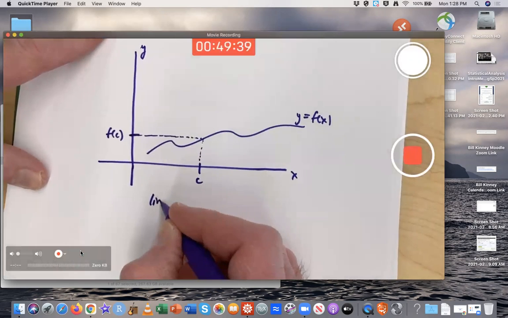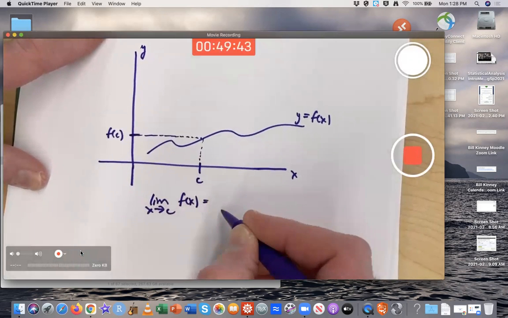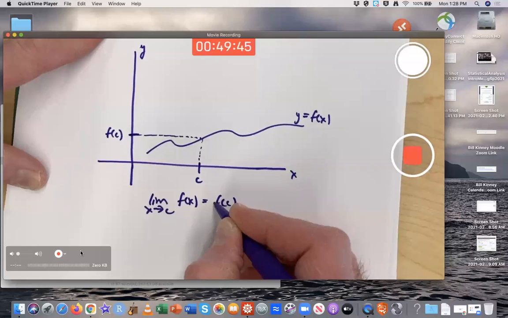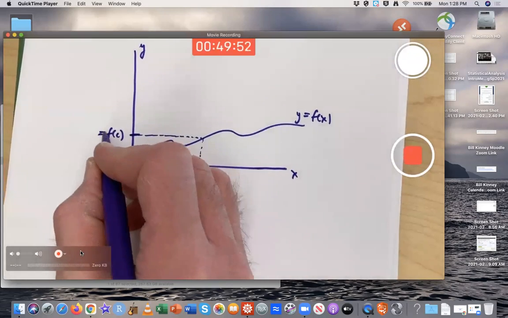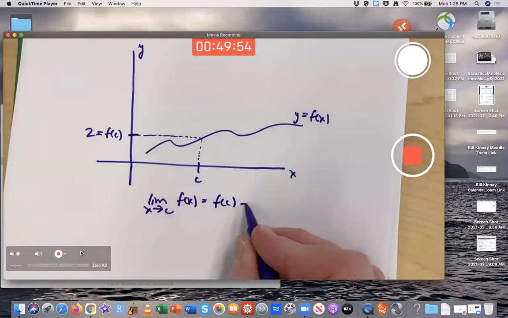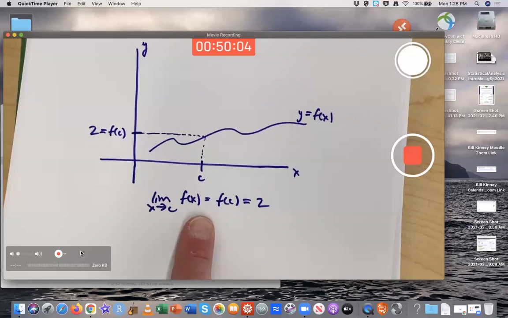The limit as x approaches c of f of x equals f of c, whatever that number happens to be. Let's pretend it's something specific. Let's pretend this is 2.